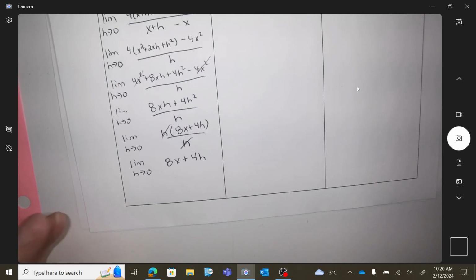FOIL, your x's cancel. Eventually you will GCF an h out, right? H cancel. As soon as you've canceled your h, your problem's gone.